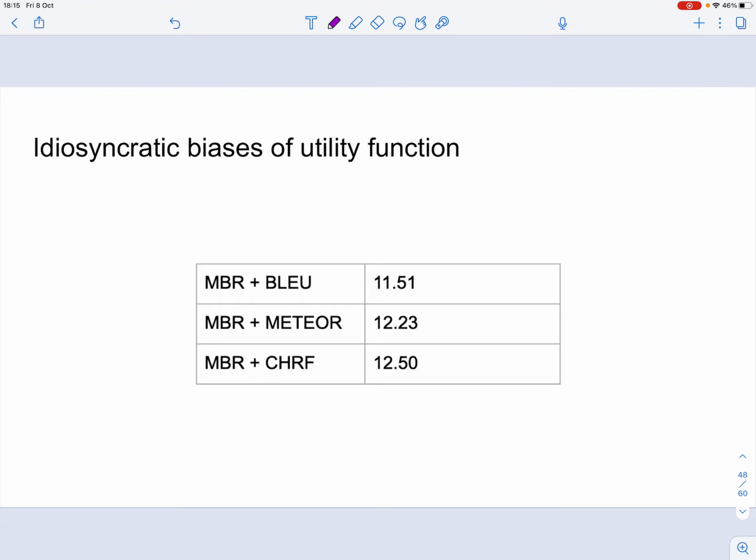And then about idiosyncratic biases of utility functions, what this refers to is the fact that to use MBR, you have to choose a utility function, which may introduce some particular biases that are specific to the utility function. And we've seen this.